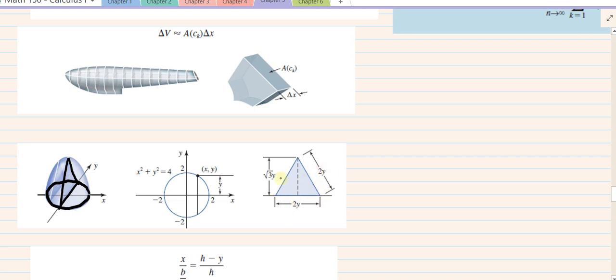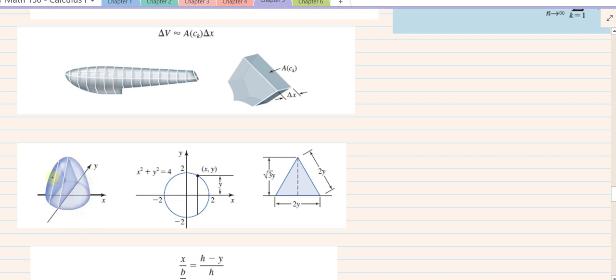Actually they're equilateral, because this is also 2y. Yeah, all three are equal. So you have equilateral triangles constructed here, and this is how the solid is going to be built.